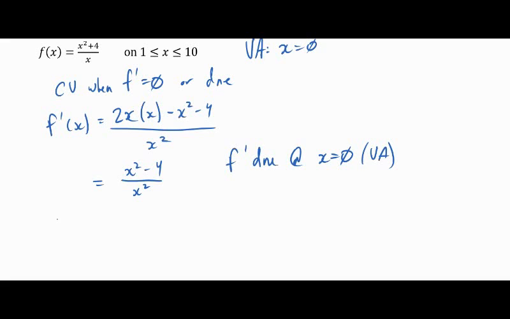Well, what would the maximum be if there was a vertical asymptote or minimum? I'm not going to give you a question like that. But if you got a question like that, I suppose it would be reasonable that you would have to check what the function is doing as it approaches from the left and the right, and then you would say it's an infinite maximum or infinite minimum.